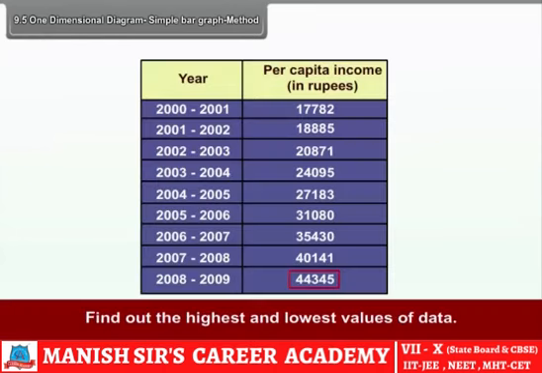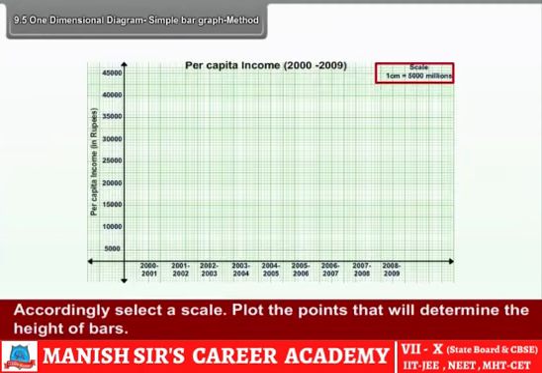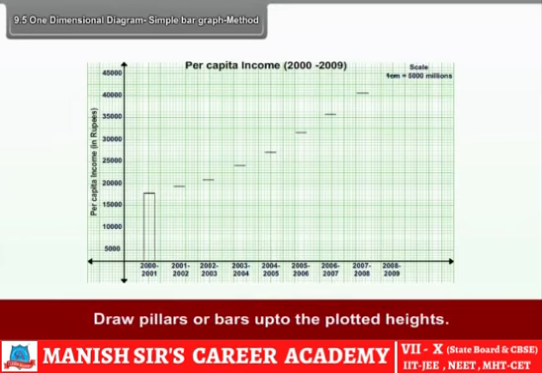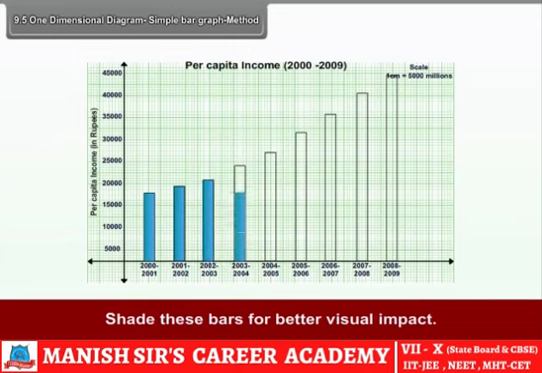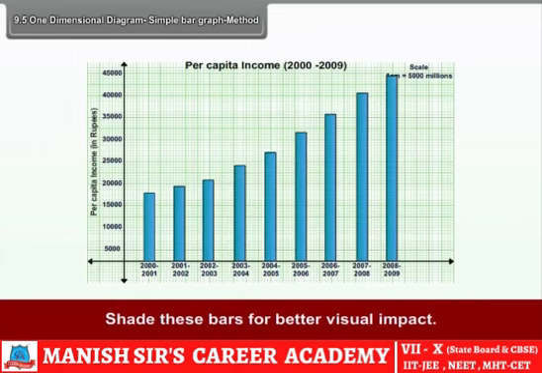Method: find out the highest and lowest values of data. Accordingly, select a scale, plot the points that will determine the height of bars. Draw pillars or bars up to the plotted heights. Shade these bars for better visual impact.